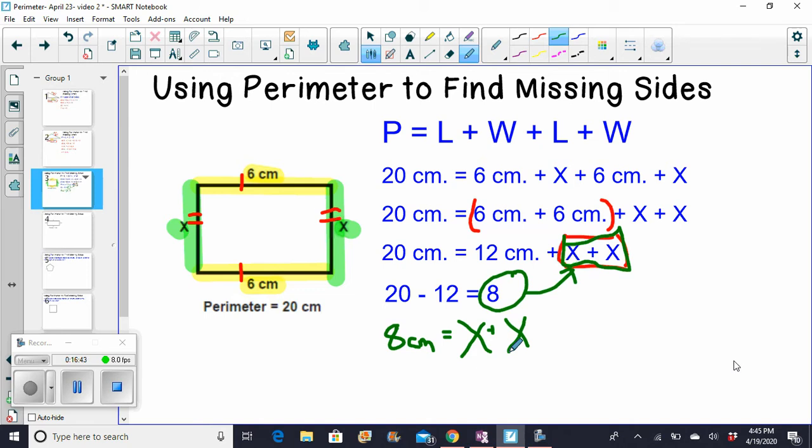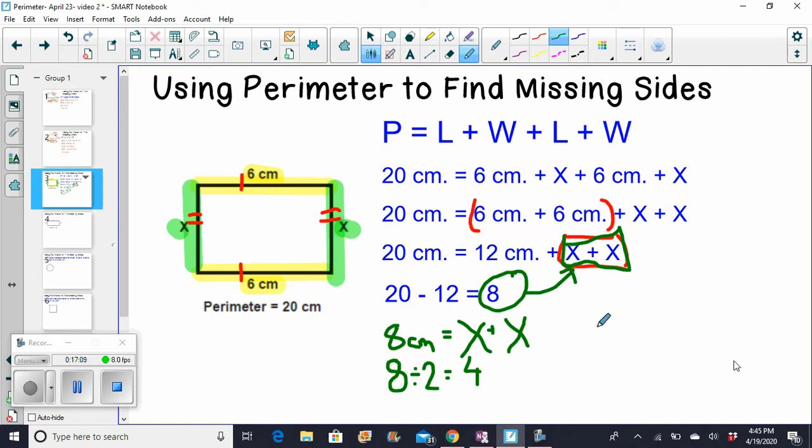So if I split 8 into 2 equal parts, I split it equally, or I divided it by 2, what would I get? 8 divided by 2, 8 split in half, right, would be 4. 8 divided by 2 equals 4.